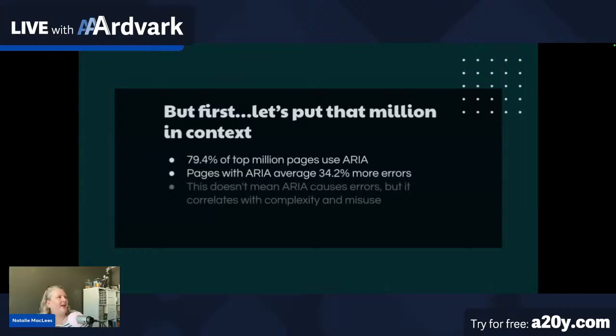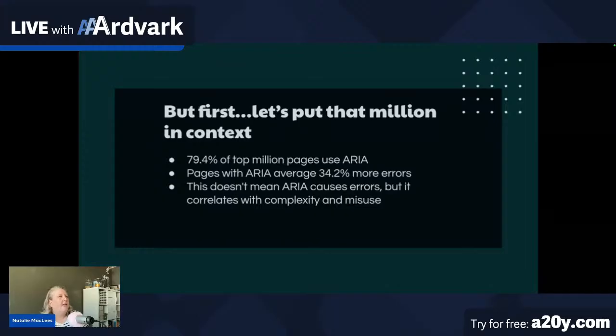Well, we'll talk about that. There's some nuance there. ARIA isn't necessarily the cause of the errors, but more accessibility errors does correlate with more complexity. Pages that are using ARIA do tend to be more complex with more different types of components and things like that. So it would make sense, regardless of whether ARIA gets used or not, that pages that are just more complex and have more things going on would have more accessibility errors.